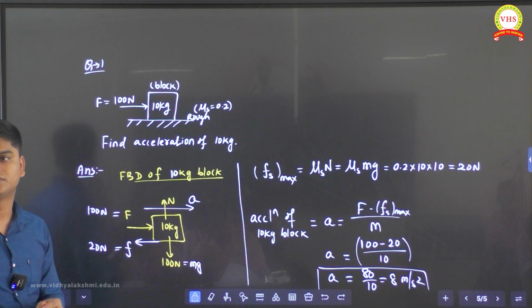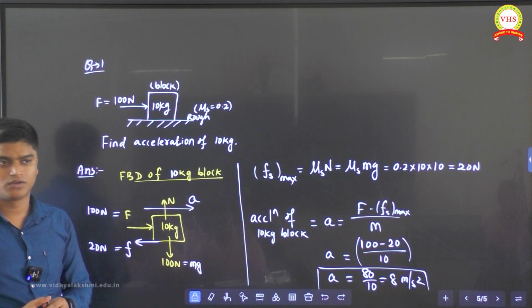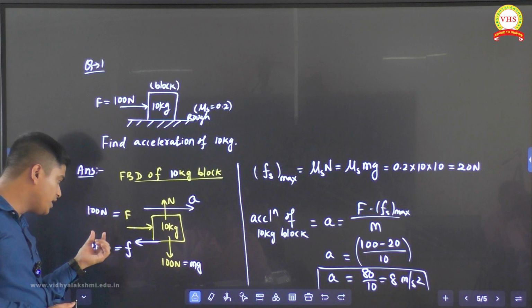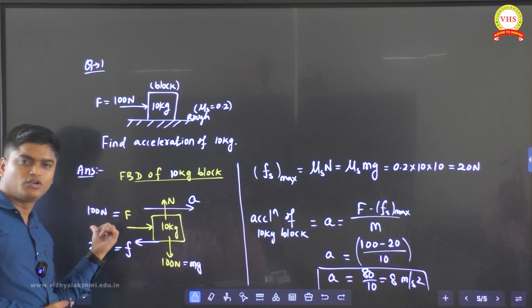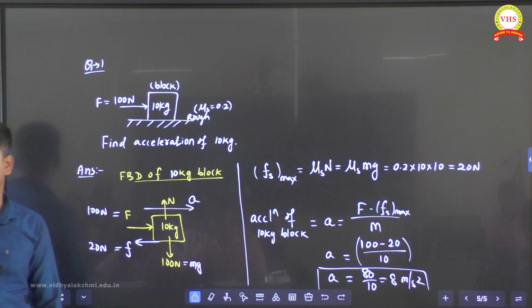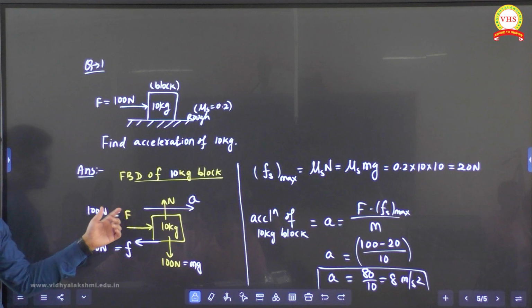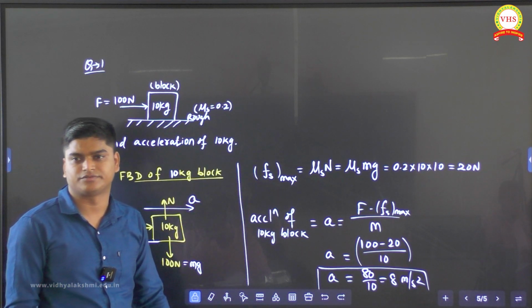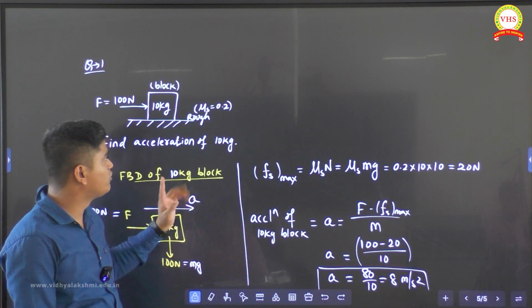Did you understand or not? But if I give a force equal to 20 or less than 20, what will happen? We will try to understand that in the next class. Here I have given a force greater than the frictional force, that's why motion happens and you are able to find the acceleration.